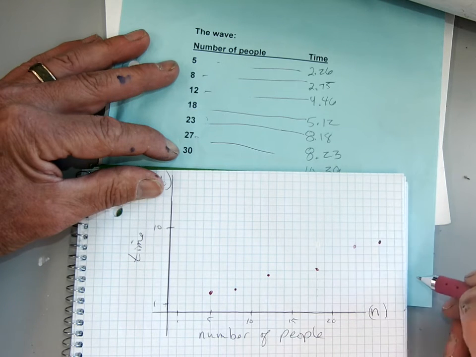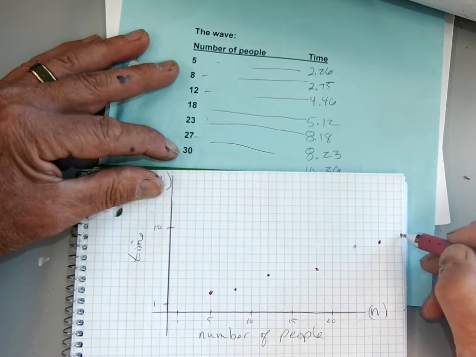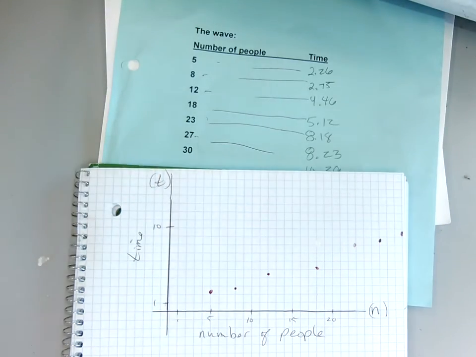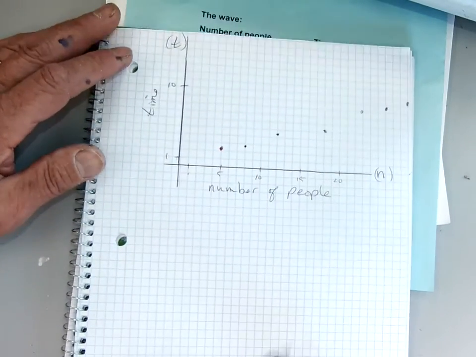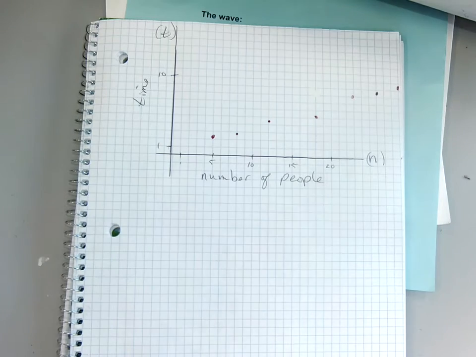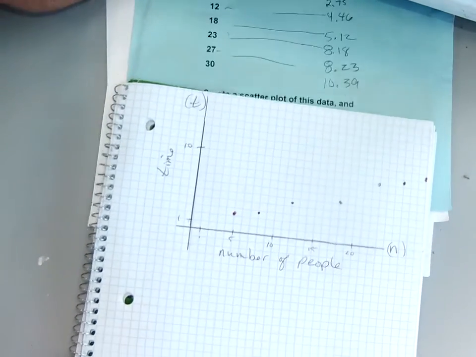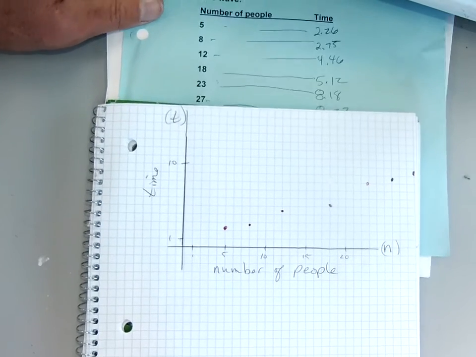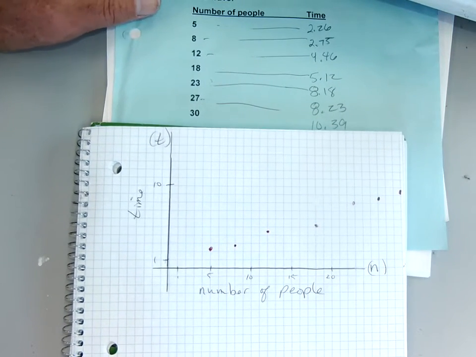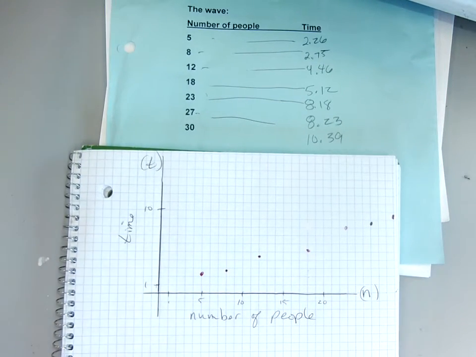Maybe there. And my 30 is kind of off my paper. Okay, there it is. Okay, there's my scatter plot. I'll let you guys go ahead and get those values down. You want me to show my numbers again, or does everybody have the numbers? Okay, you guys want to see my numbers? Here, I'll shift it this way so you can see my numbers, okay? Here's my numbers. And there's my scatter plot, okay?